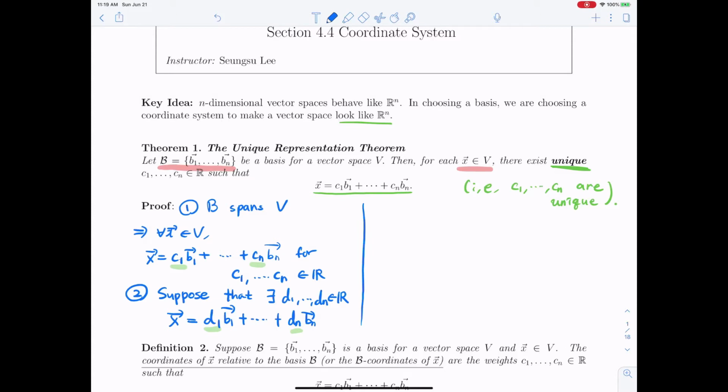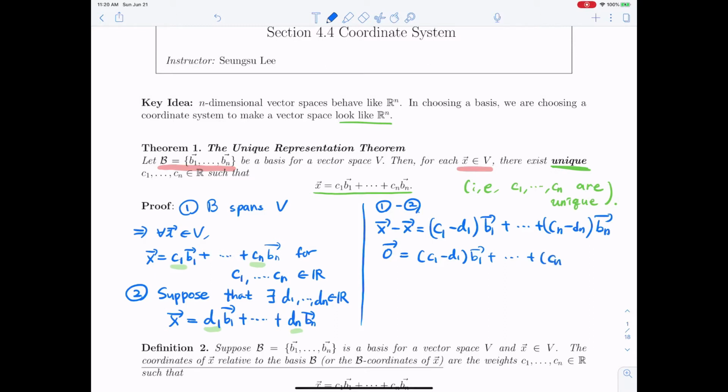If you subtract 1 from 2, then on the left hand side we have x minus x, and on the right hand side we have c1 minus d1 times b1 plus so on plus cn minus dn times b sub n. Or in other words, 0 equals c1 minus d1 times b1 plus dot dot dot plus cn minus dn times b sub n.